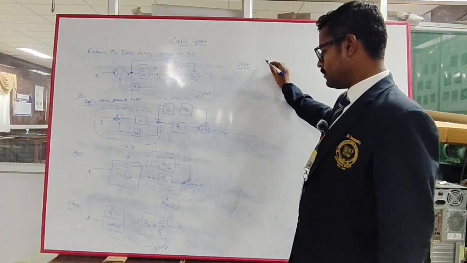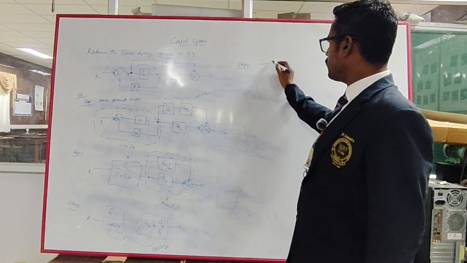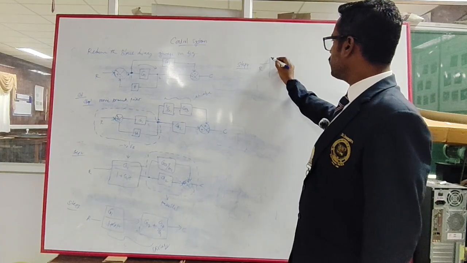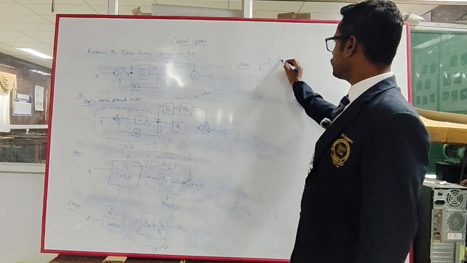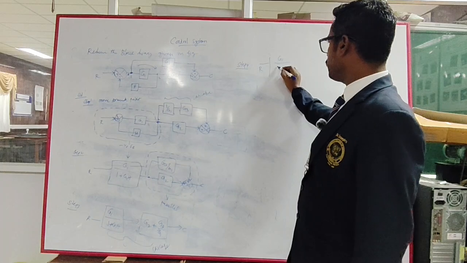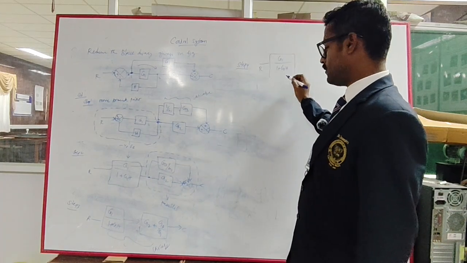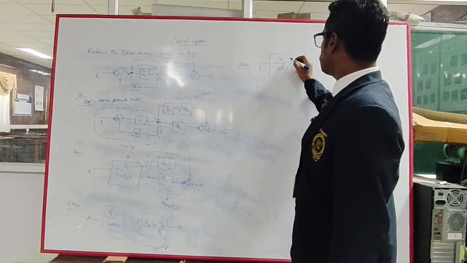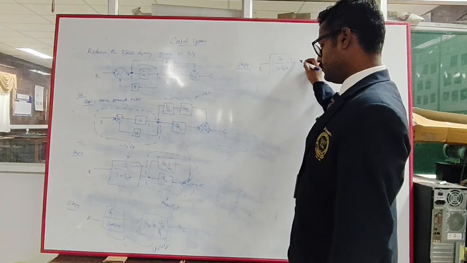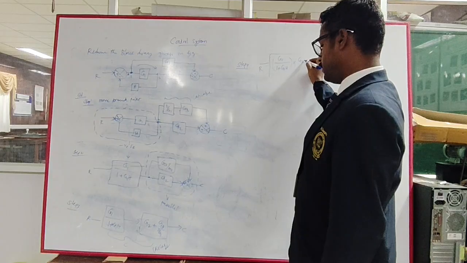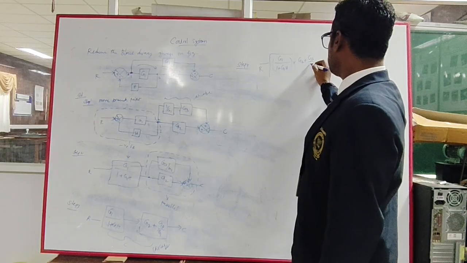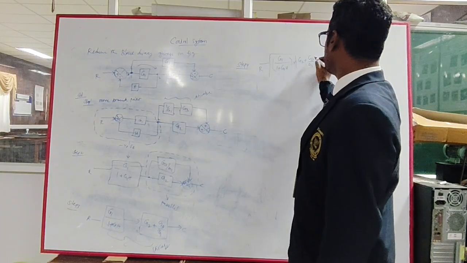So your output is C, and the single transfer function is G1 divided by 1 plus G1H, multiplied by G2 plus G3 by G1.